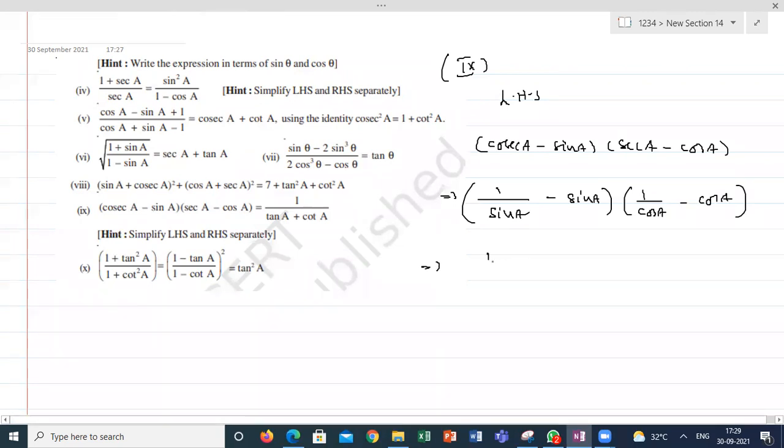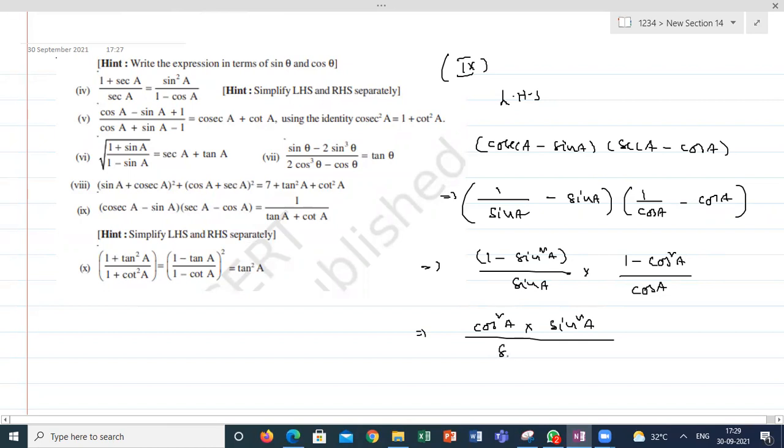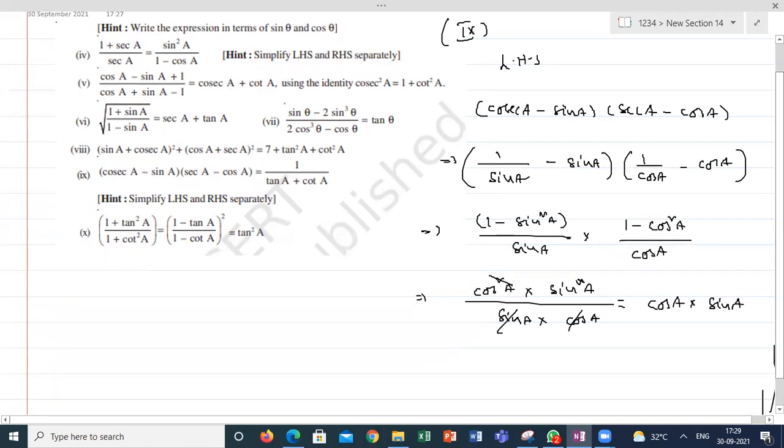If I am taking LCM, (1 minus sin square A) divided by sin A into (1 minus cos square A) divided by cos A. So 1 minus sin square A will give cos square A, 1 minus cos square A is sin square A, divided by sin A into cos A. So if I am taking one sin cancel, one cos cancel, this will become cos A into sin A. My LHS is cos A into sin A.